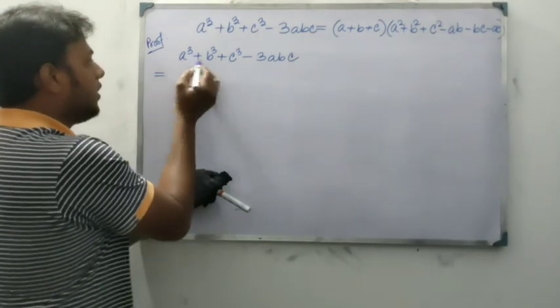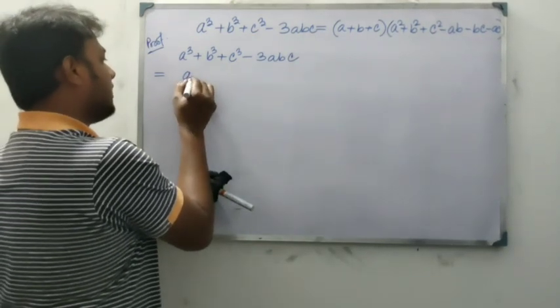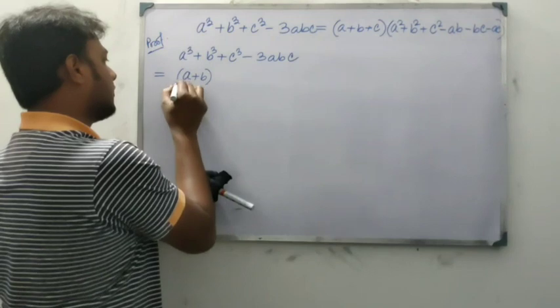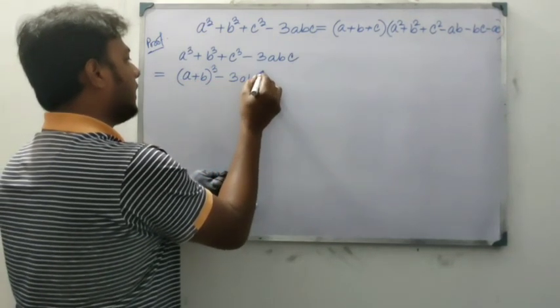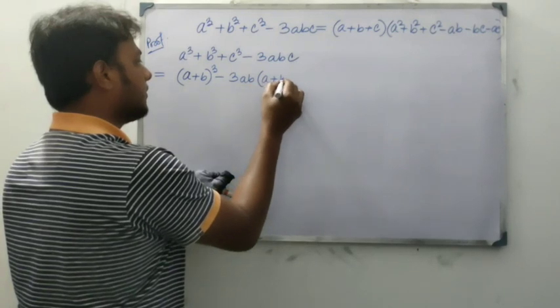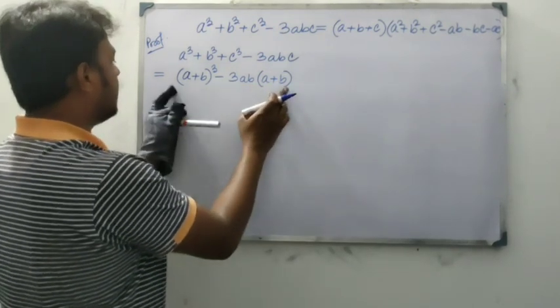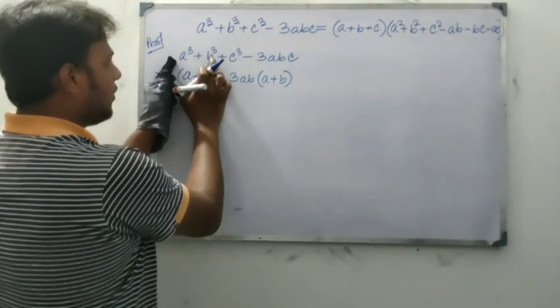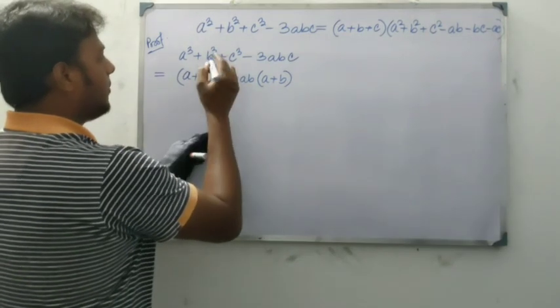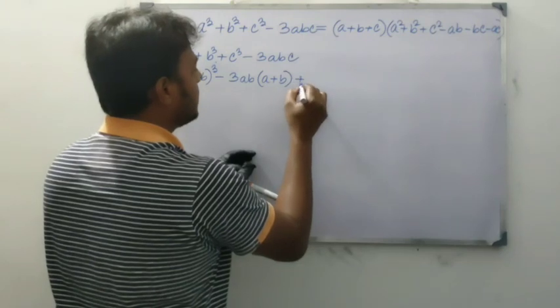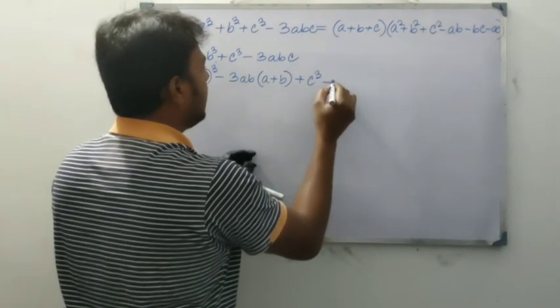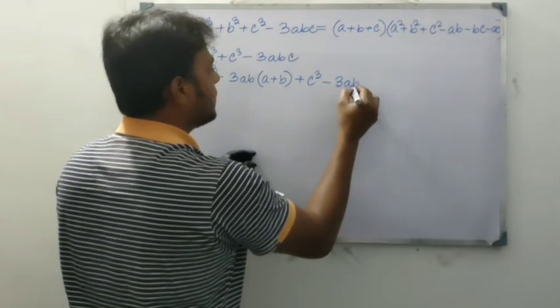So a cube plus b cube equals what? A plus b whole cube minus 3ab into a plus b. So we can write this part in the place of a cube plus b cube. So up to this is simplified. Plus c cube is there, so write here plus c cube and keep it unchanged. Rest all the terms keep unchanged.